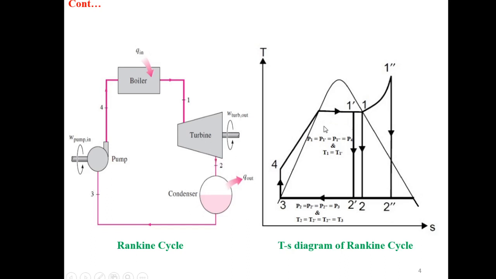So you can see in the TS diagram the process is isentropic, that is constant entropy. There will be a vertical line from point number 1 such that it will cut this second pressure line at point number 2. So we will get the point 1 and 2.